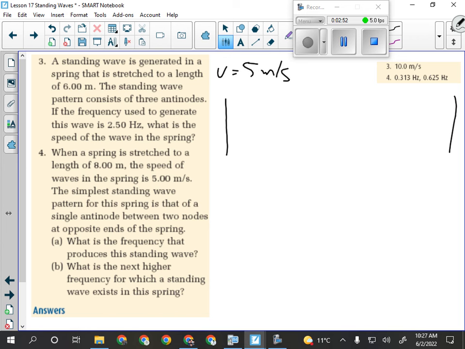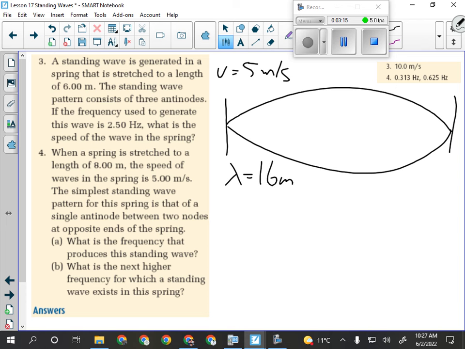And the simplest standing wave pattern is this. We learned that yesterday. That's the simplest standing wave pattern I can make with a spring. So how many wavelengths is that? 1/2. So how long is the wavelength? Double that, right? So it's 16 meters. So I know that lambda equals 16 meters.